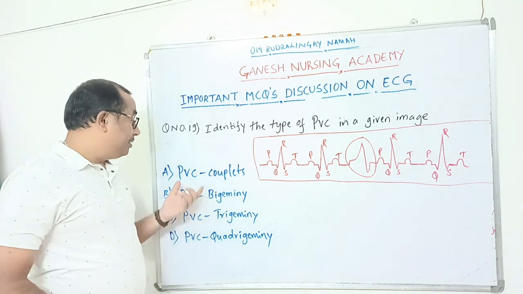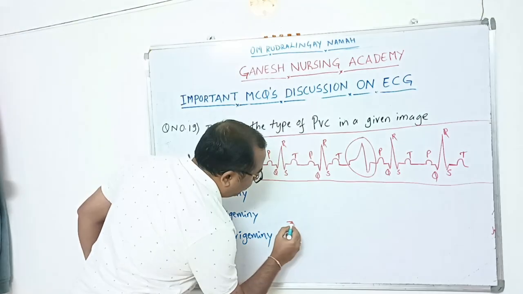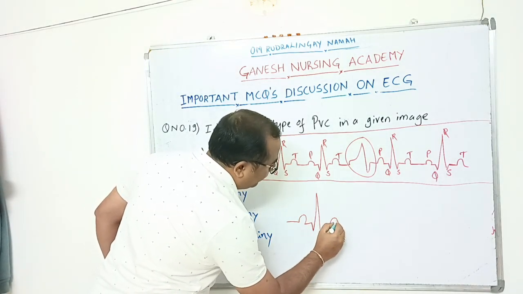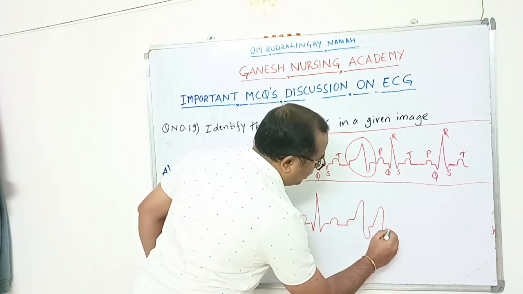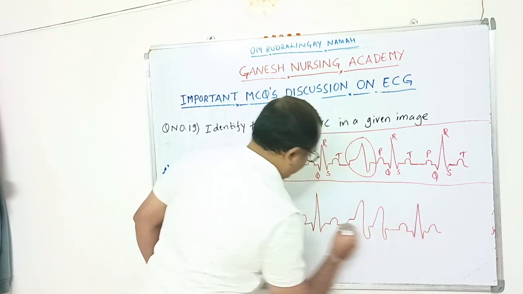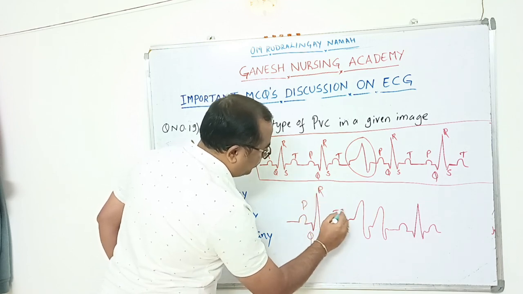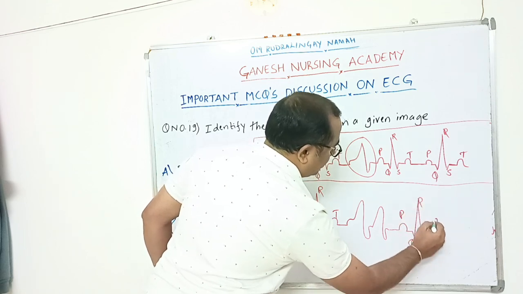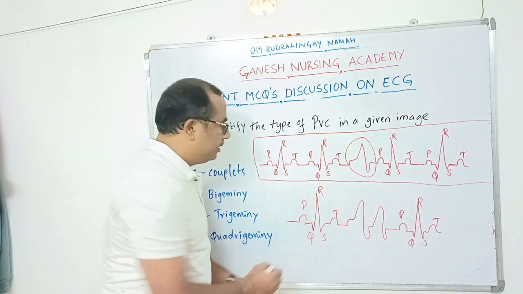Let's see what PVC couplets are. There will be a normal P wave, QRS complex, and T wave. Then you see two ectopics, a couple of ectopics, present in between the normal beats of the heart. See here, this is a P wave, Q, R, S, T, a normal wave.